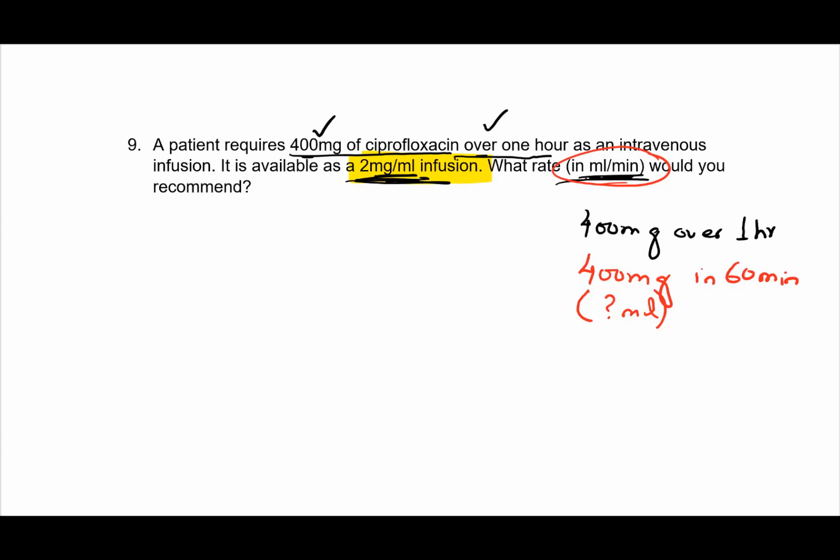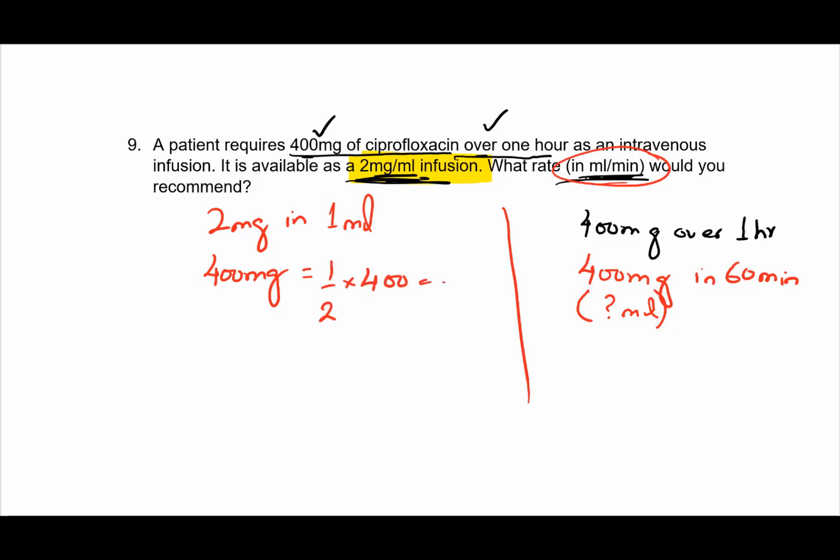So let's do that now. 2 milligrams are present in 1 mil, that's the concentration of the infusion, but I have to give 400 milligrams. So 400 milligrams will be present in how many mils? In 200 mils. So that means I have to give 200 mils in 60 minutes.